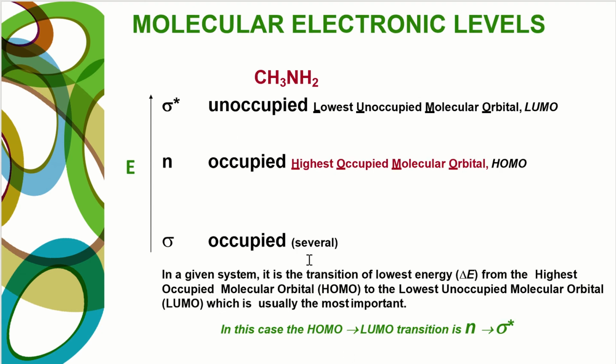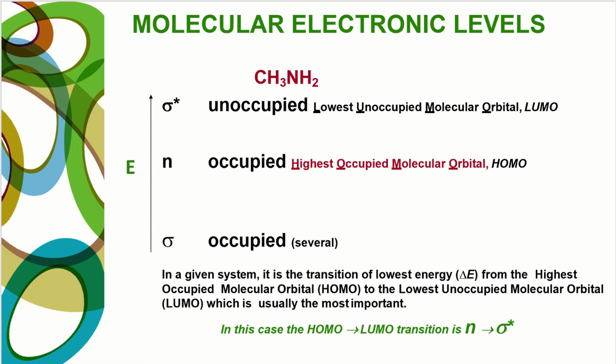All right, so let's start by looking at various types of molecules to see what are the possible transitions. So here we have methanamine, or you might see it as methylamine.